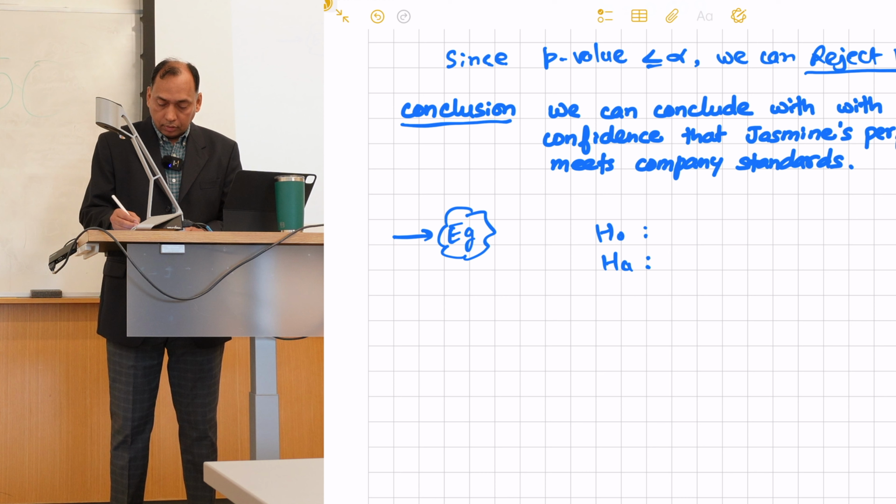The population mean is at least $100 against the alternative that it is less than 100. The company's policy requires that new members of sales must exceed an average of $100 per contract during their trial employment period. So can we conclude that Jasmine has met this company's requirement with 95% confidence?